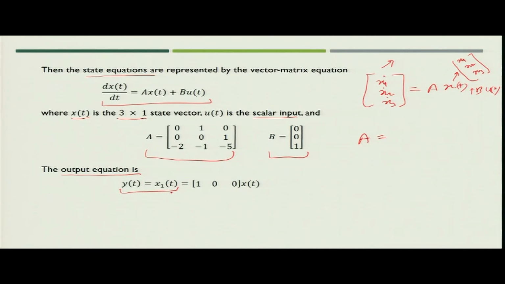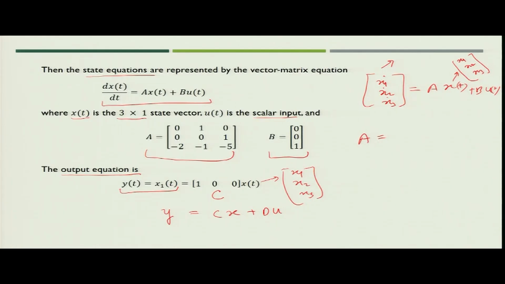Now, if you write it in matrix form, you can write this as [1 0 0] into x(t), where x(t) is the vector x1, x2, x3, and this is the C vector, which is 1 0 0. When you compare with the standard output equation, you get Cx plus Du.